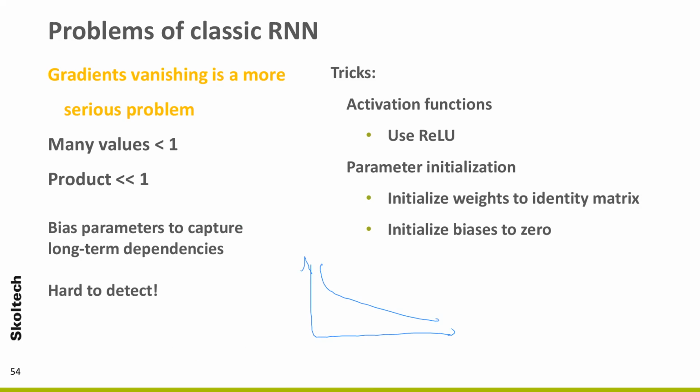We can try to deal with this problem with some engineering tricks. The first trick is to use a different activation function. Rectified linear unit typically works better than softmax and hyperbolic tangent. So when producing the new hidden state, use ReLU instead of hyperbolic tangent.